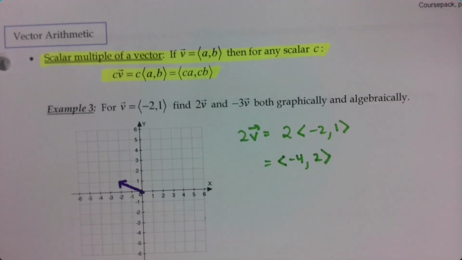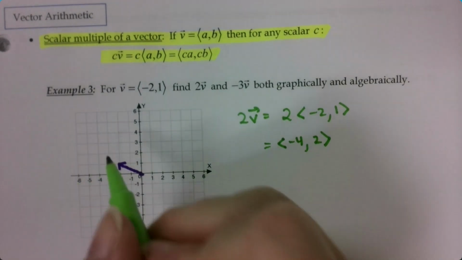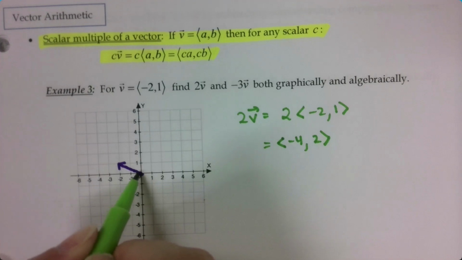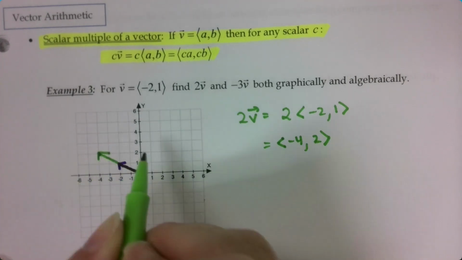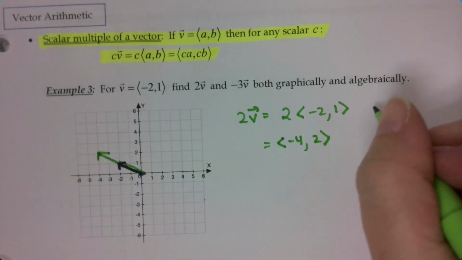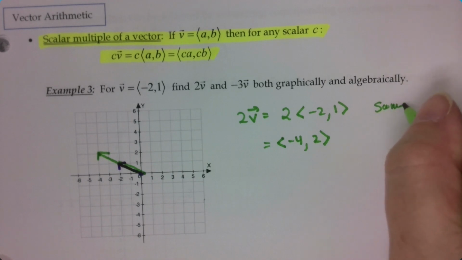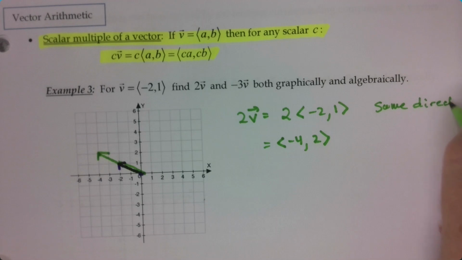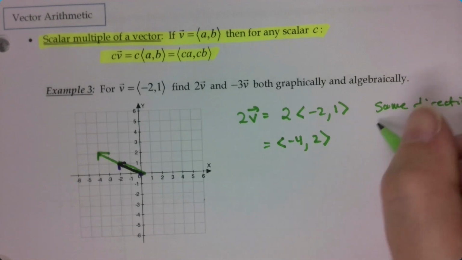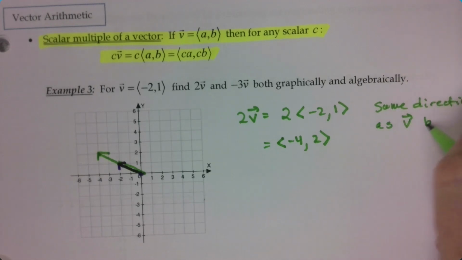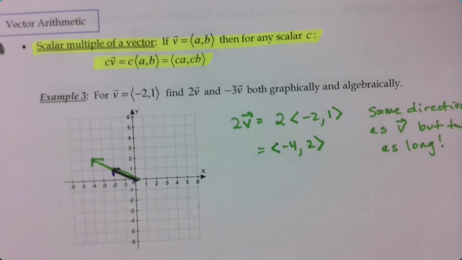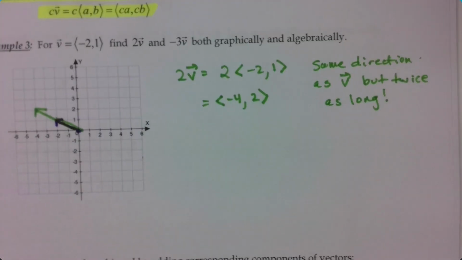It's the same direction as v, but it's twice as long because it's going to go out to -4, 2. So it's going to be like that. So this is the same direction as v, but twice as long. Sorry, that got off the screen there.